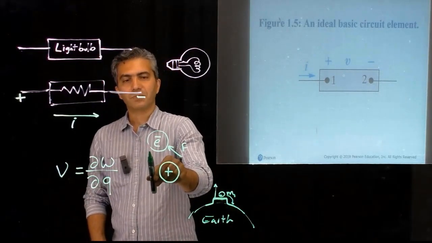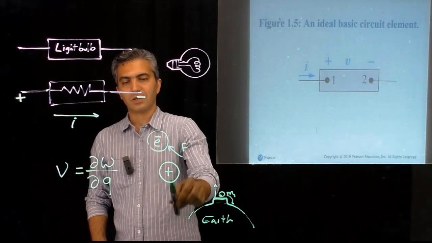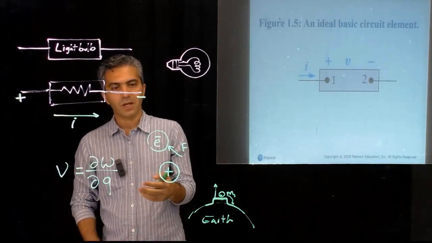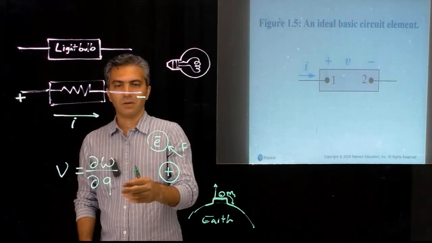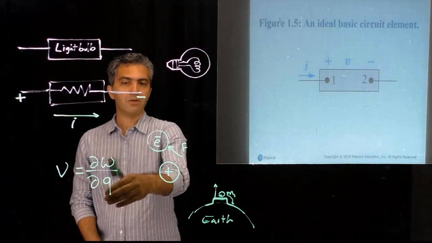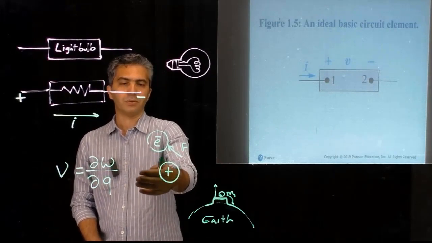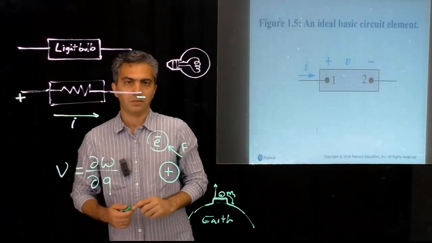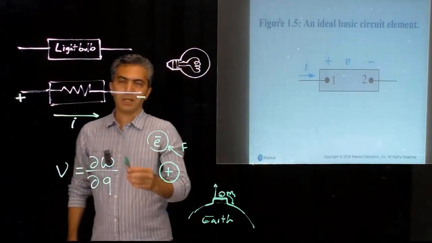Same with electrons, or positive charge and negative charge. You always have to have a reference for what is your 0 electrical potential. That's a very fundamental concept that you always have to remember.